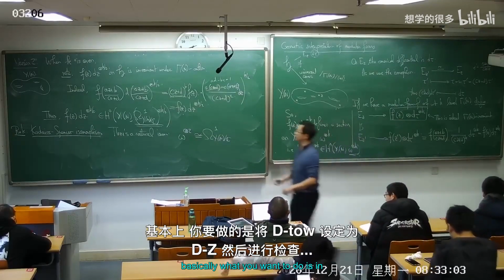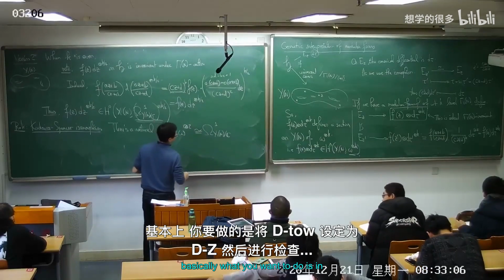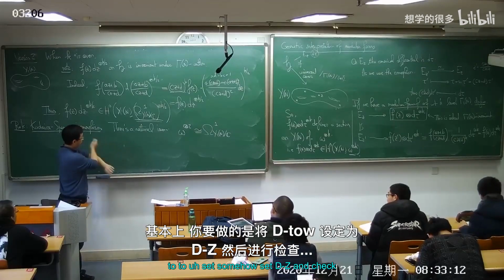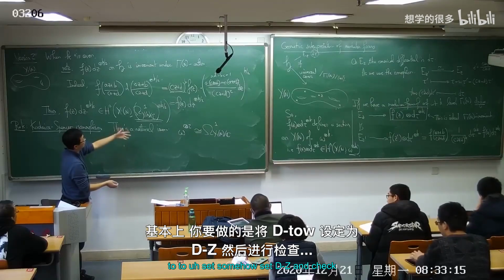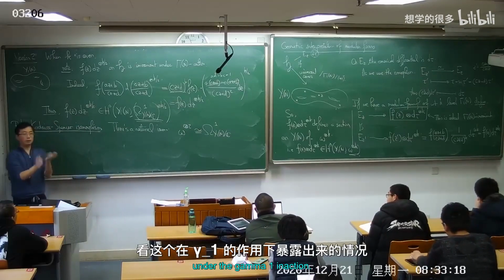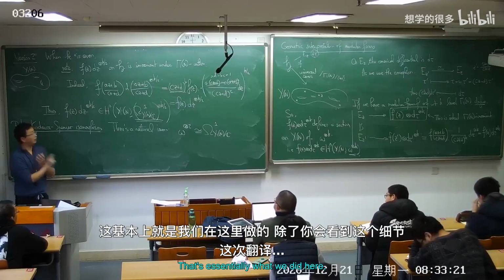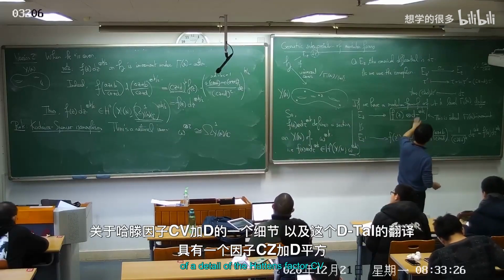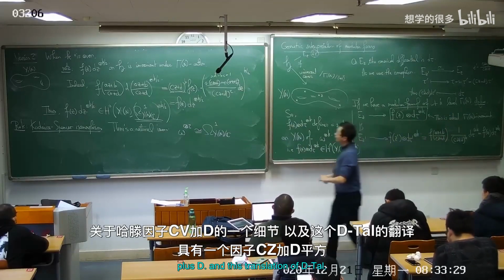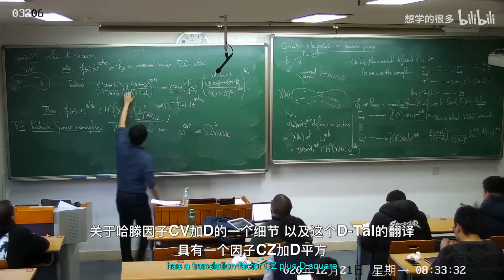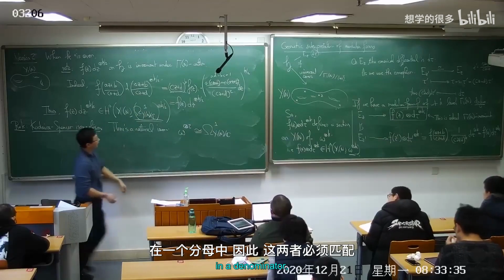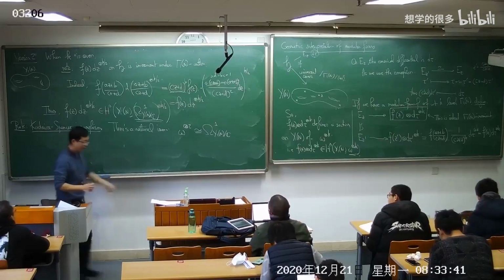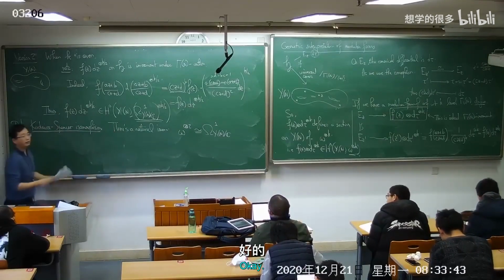What you want to do is send d tau squared to dz and check that this isomorphism is invariant under the gamma 1(n) action. That's essentially what we did here, except that the translation of d tau has this factor cz plus d, and the translation of dz has a translation factor (cz+d) squared in the denominator. So therefore, these must match.